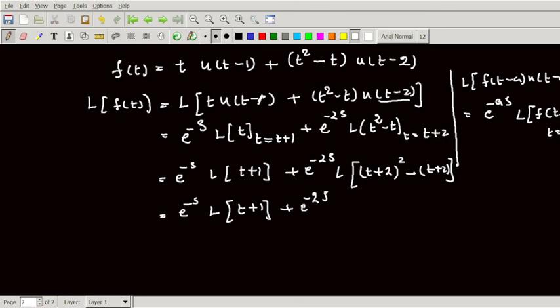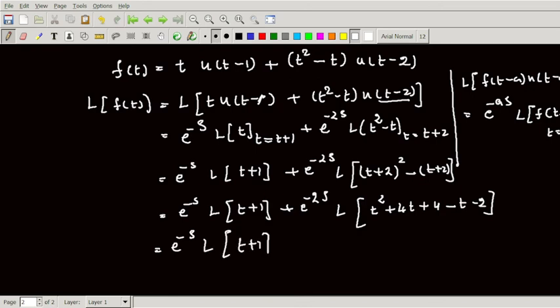Here first I am expanding this one, a plus b whole square, so t square plus 4t plus 4, minus t minus 2. So if we simplify this one, we get e power minus 2s Laplace of t square plus 4t minus t is 3t, plus 3t, 4 minus 2 is plus 2.